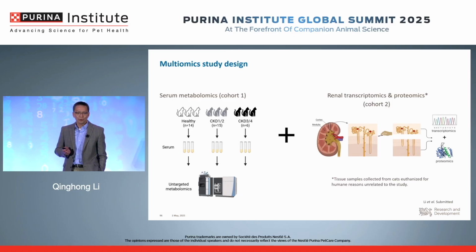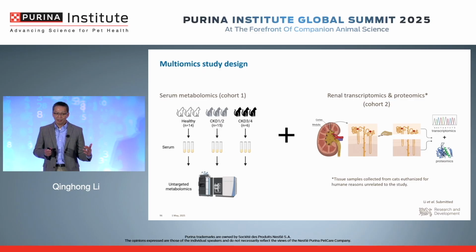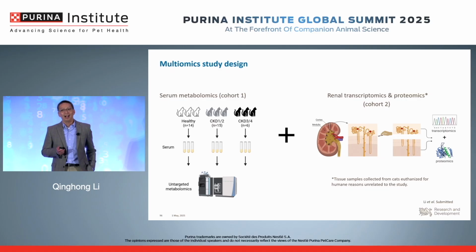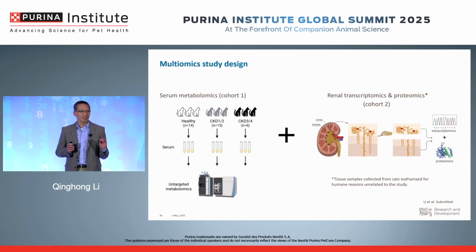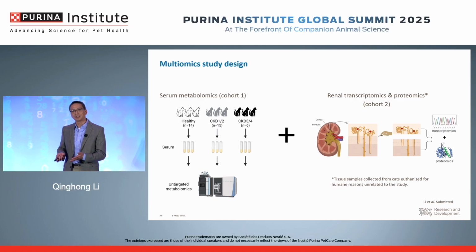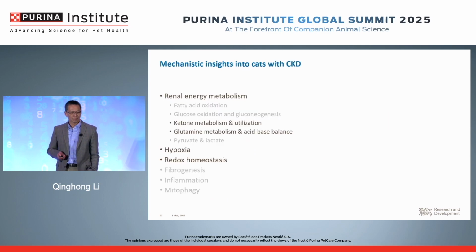In the second cohort, we have 23 cats, the same 3 groups, so approximately 8 cats in each group. Kidney samples were collected when cats were euthanized for humane reasons unrelated to this study, and we separated cortex from medulla, and both were subjected to renal tissue transcriptomics and proteomics.